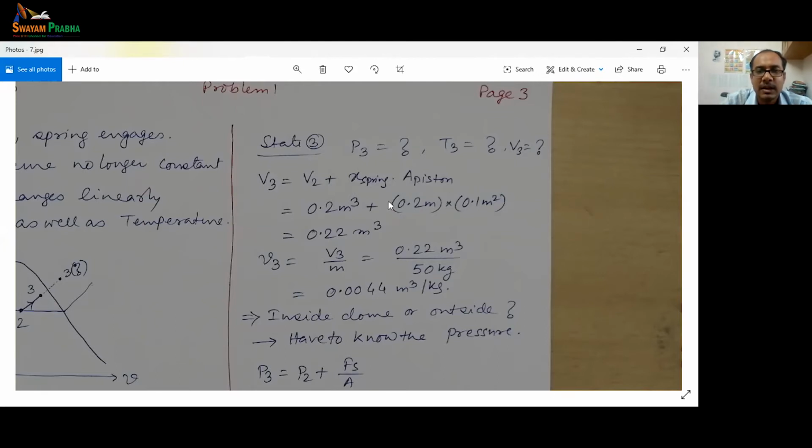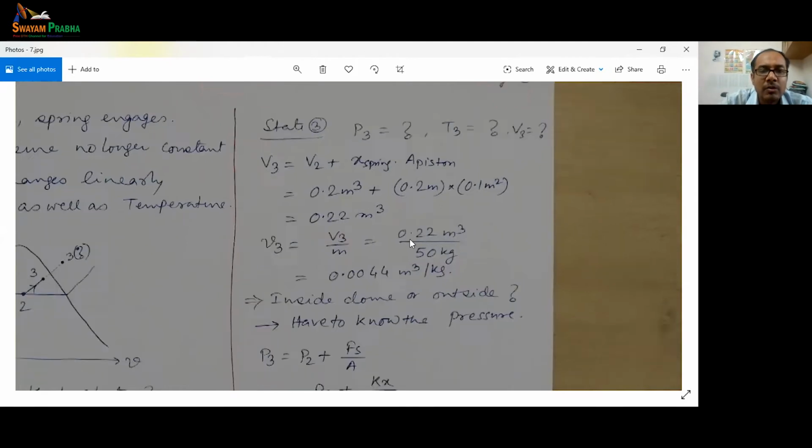That is the added volume from state 2 to state 3. State 2 volume is 0.2 meter cube, the spring compression is given to be 0.2 meter, and the area of the piston is 0.1 meter square. So V3 we can obtain directly from this calculation, which is 0.22 meter cube.